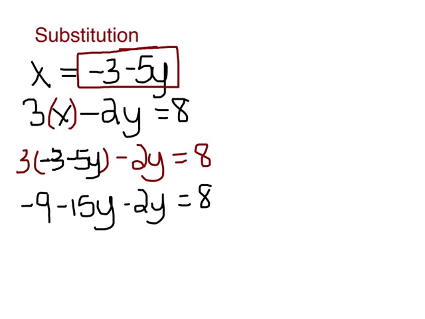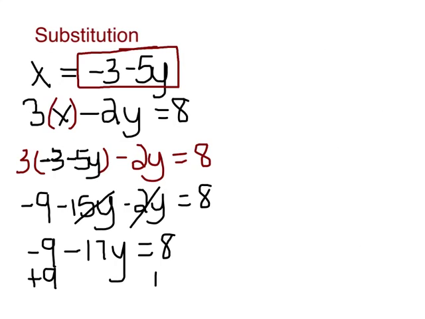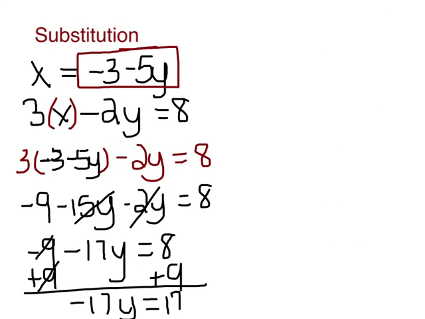We can combine like terms, so a negative 15y and a negative 2y is a negative 17y. We can now add the 9 to both sides, and we'll get negative 17y equals 17.